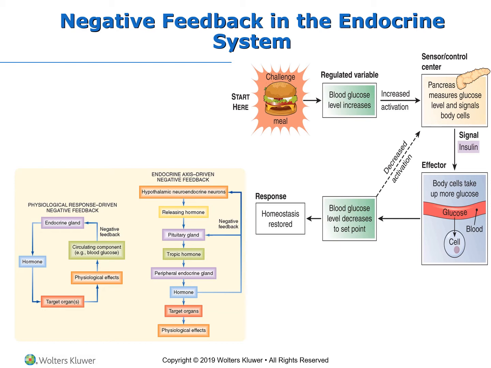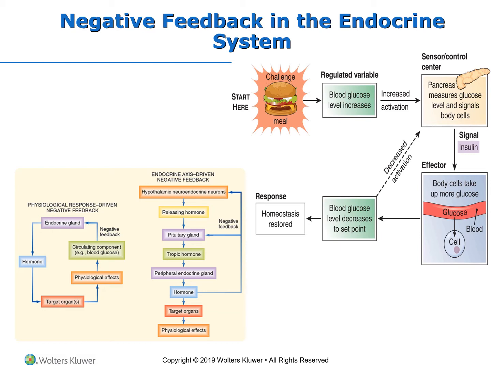Based on the stimulation of that, the pituitary gland will start to produce tropic hormones. Tropic means stimulating, and the hormone will reach a peripheral endocrine gland. The peripheral endocrine gland will produce a hormone that will reach a target organ that will produce, in consequence, a physiological effect.